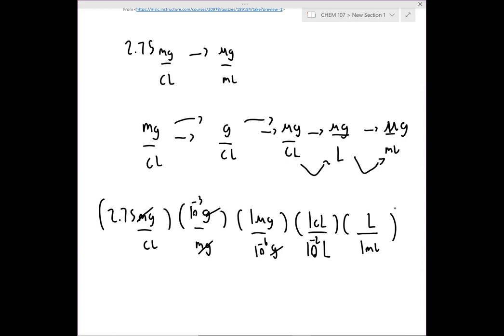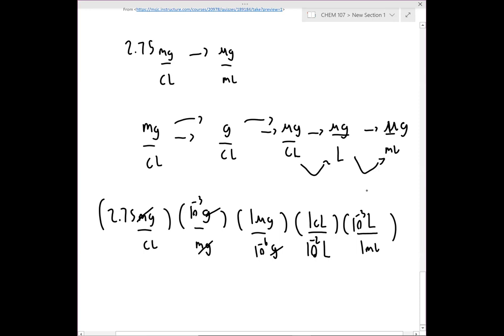Would anyone like to provide a proposal? What does the milli prefix correspond to? Ten to the negative third? Yep, exactly right. It corresponds to 10 to the negative third.